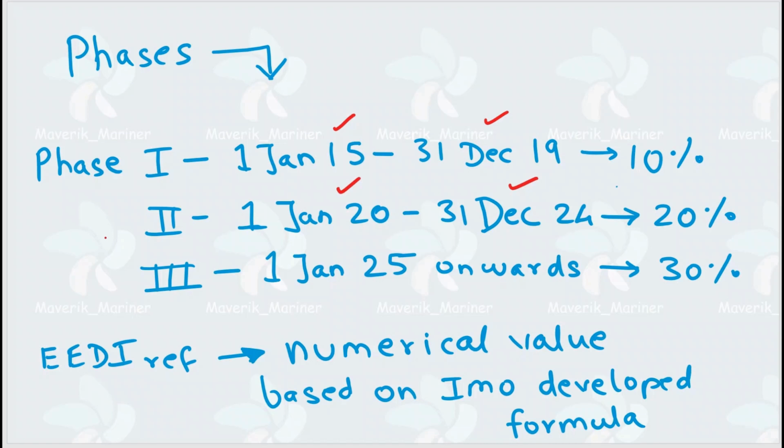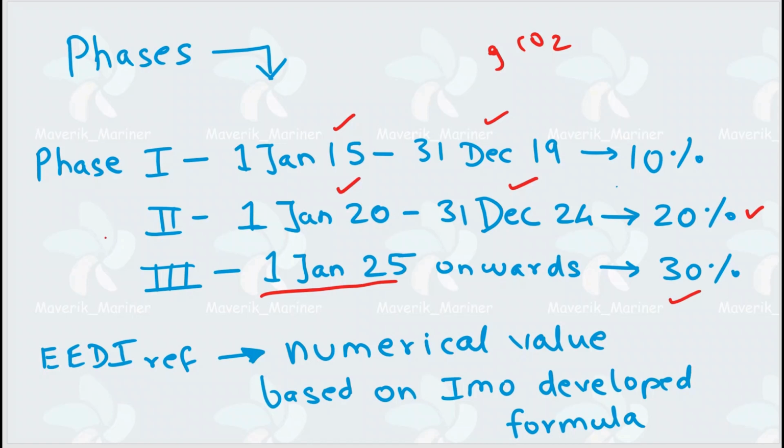The expected reduction is around 20%. In phase 3, which starts from Jan 2025 onwards, the expected reduction factor is around 30%. This reduction is in grams of CO2 emitted.